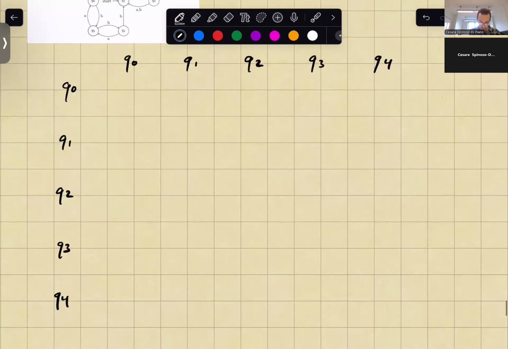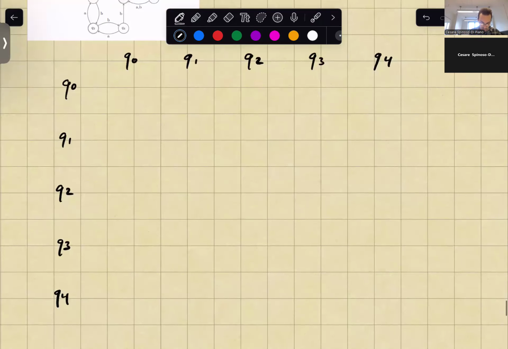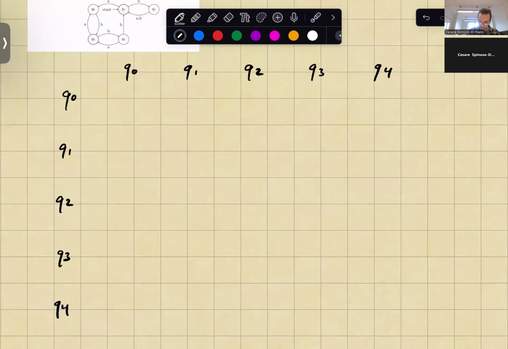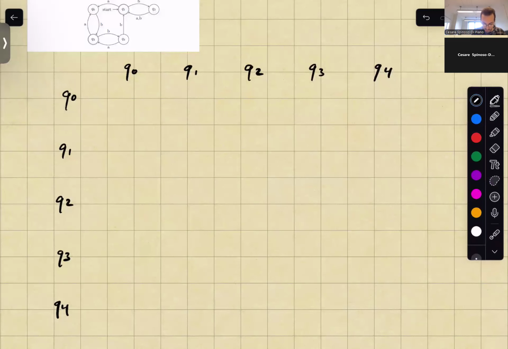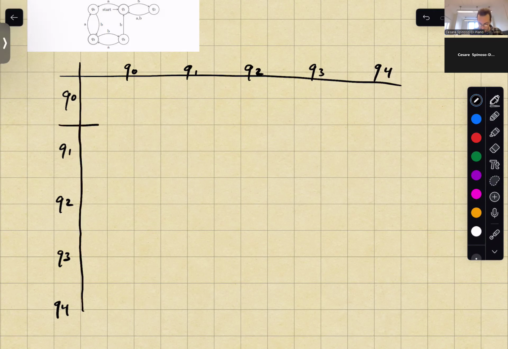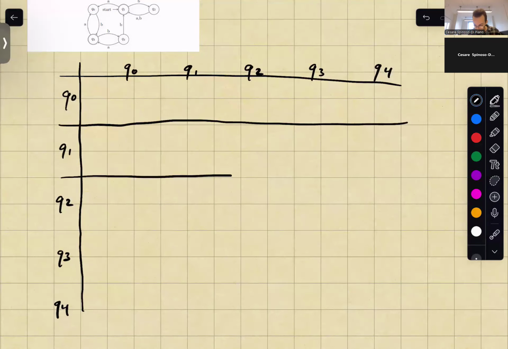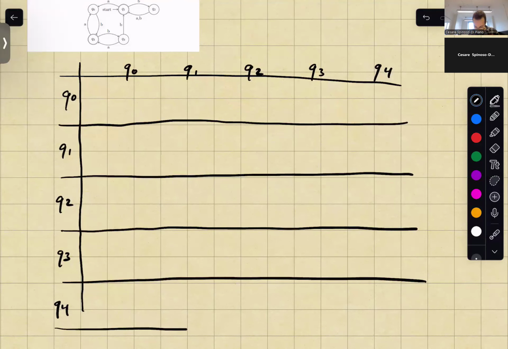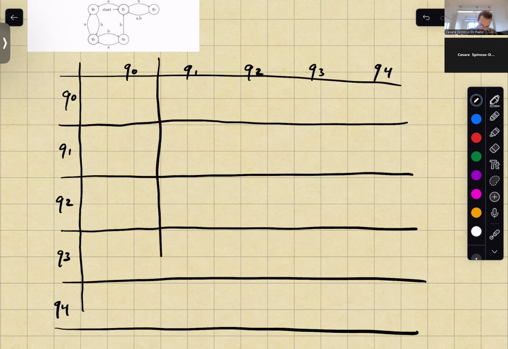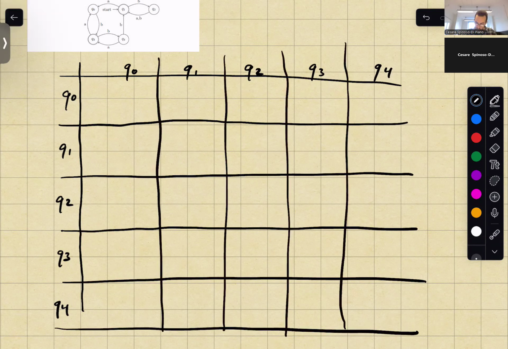Okay, so let's make this a proper grid-like table so we don't get lost. Okay, now it looks like I have a table.